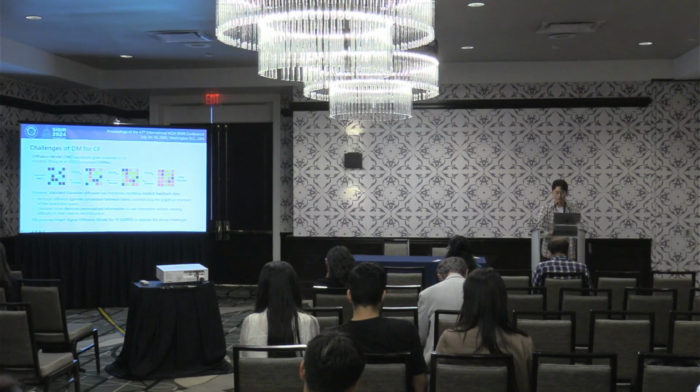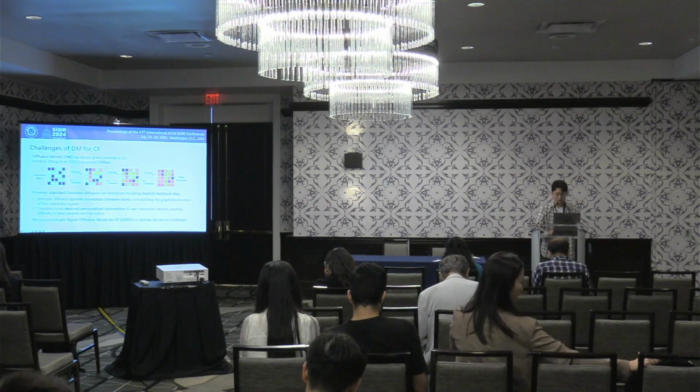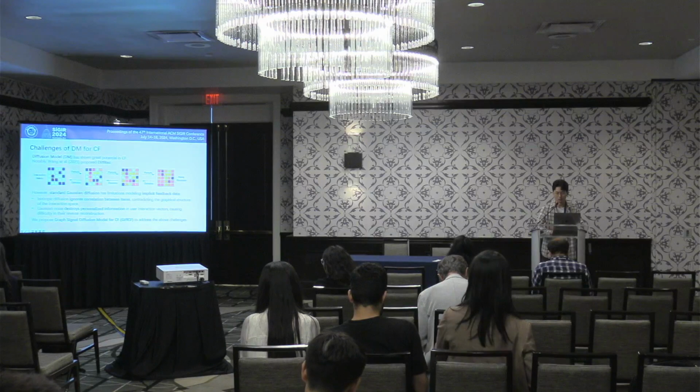However, we argue that such a standard diffusion process relying on Gaussian noise could have limitations when modeling implicit feedback data. First, the isotropic diffusion schedule ignores correlation among items, leaving the graphical structure of the interaction space unexplored.